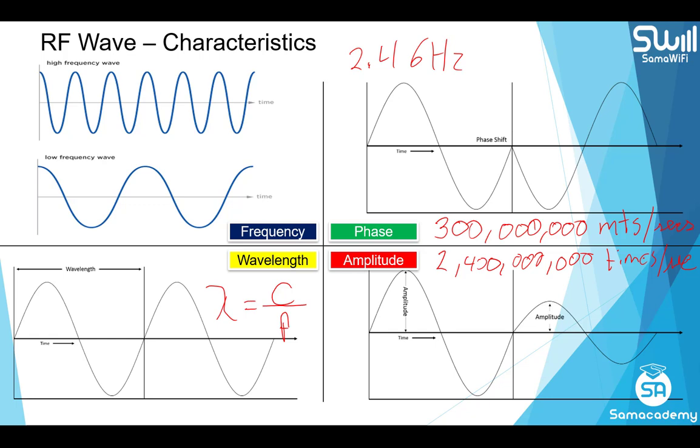Okay, so if we use the same formula that we have here, lambda is equal to meters per second divided by times per second, which is at the end represented in meters.